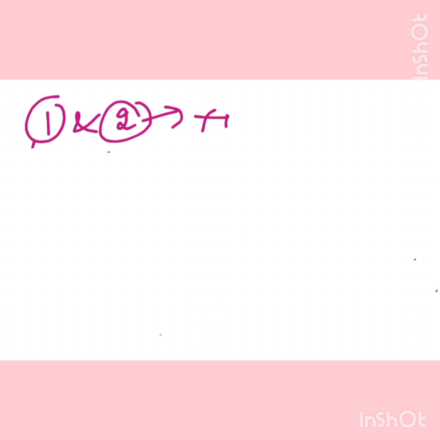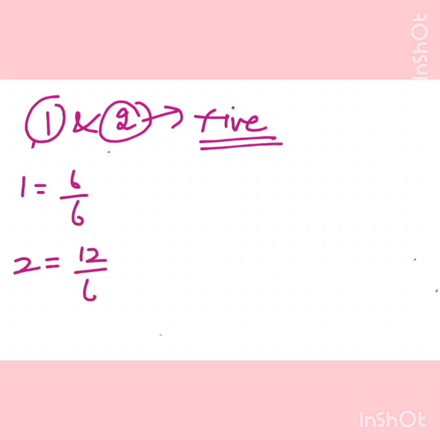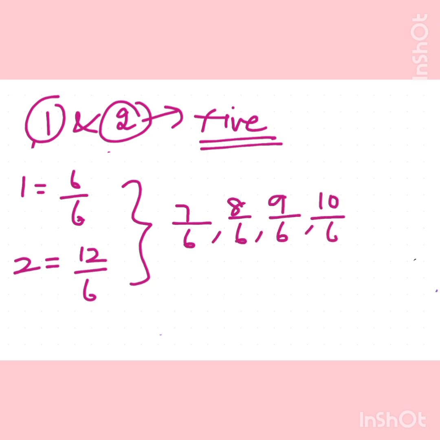But I need to find out 5 rational numbers. So what I'm going to do is take 1 as 6 upon 6 and 2 as 12 upon 6. Now in between these 2 rational numbers, what lies? Just take the numerators 7 by 6, 8 by 6, 9 by 6, 10 by 6, 11 by 6, and we have 12 by 6 already.